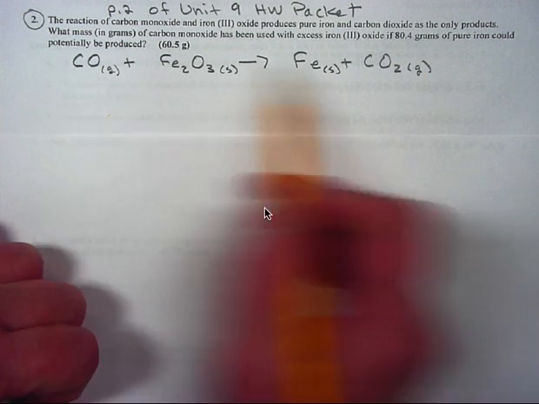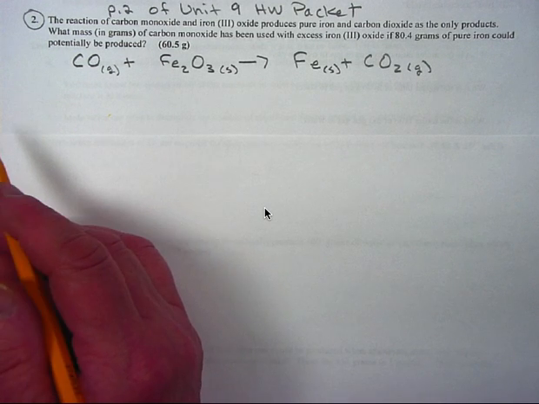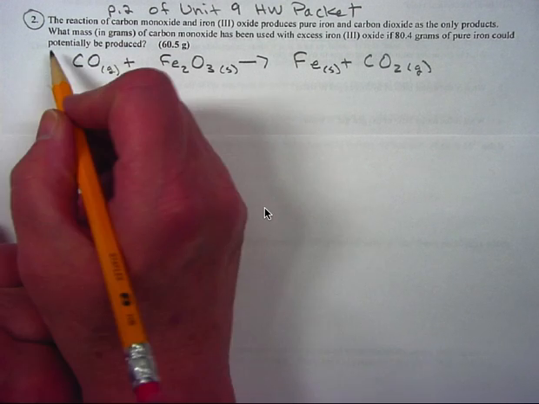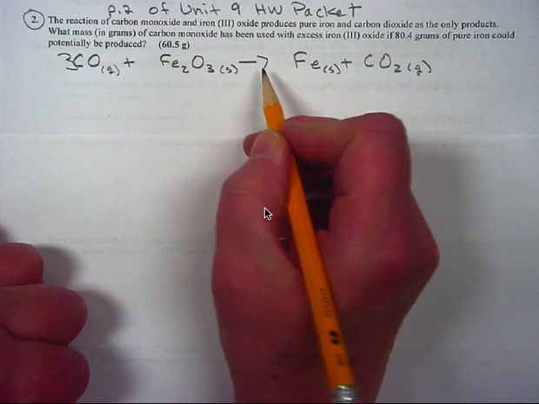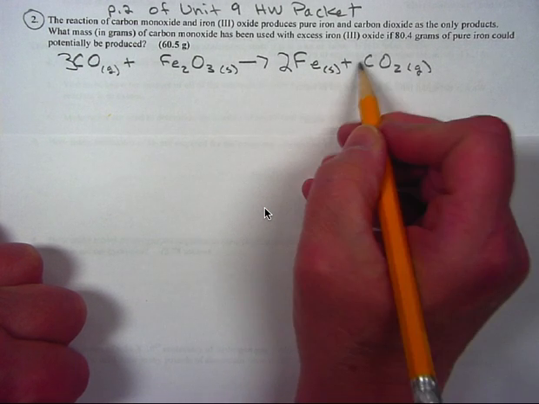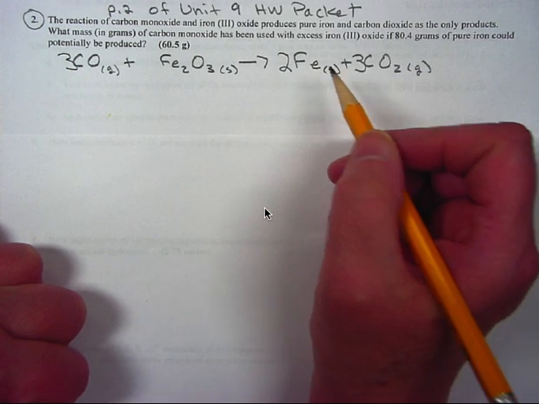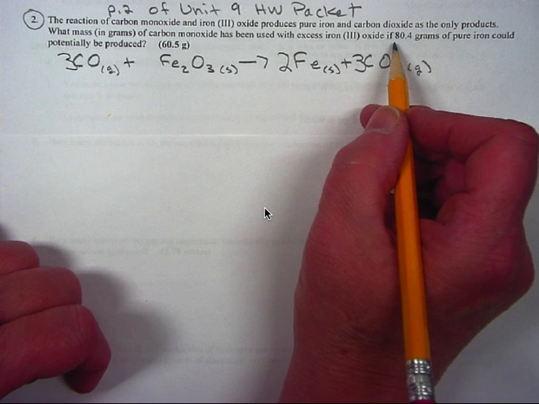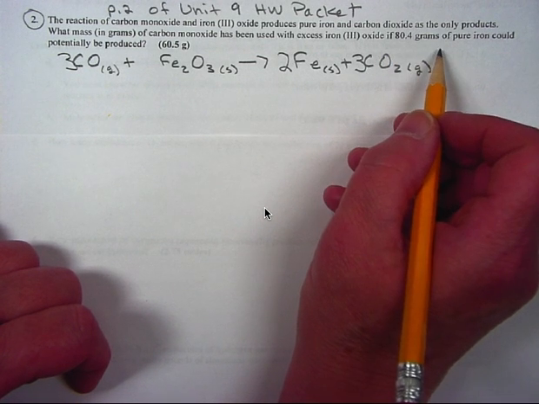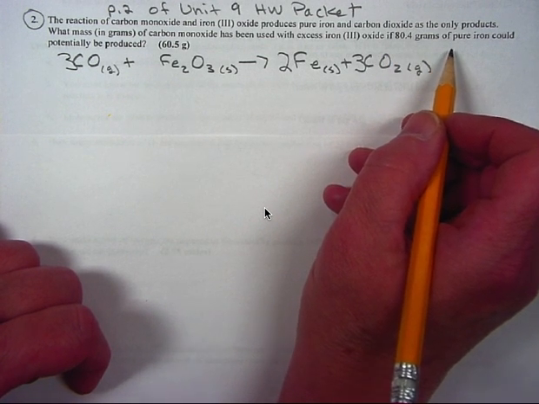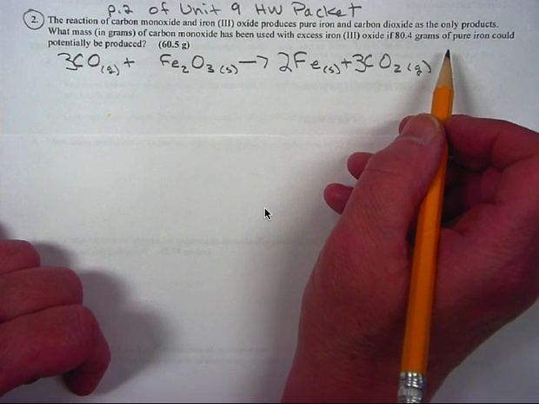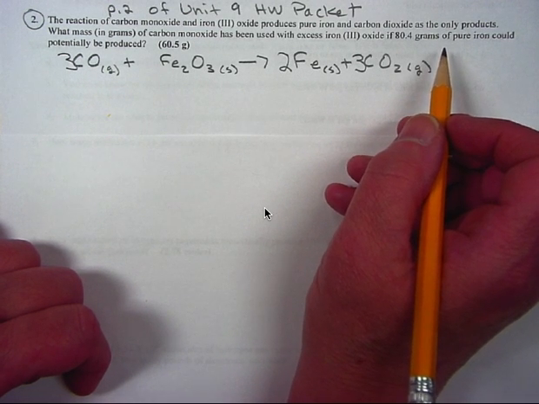So I've already written out the equation here, and we want to balance it, of course. And we're given the information that we have 80.4 grams of pure iron that could be produced.